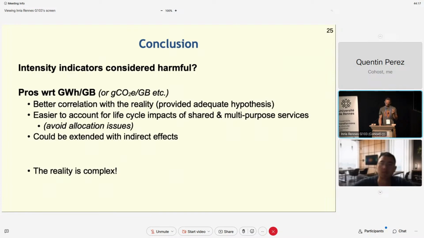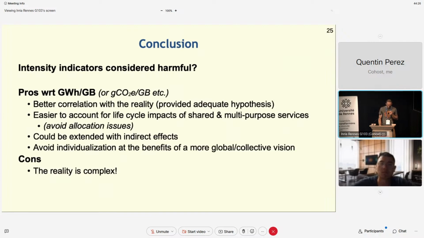Second, one may expect to incorporate indirect effects, whereas this is clearly out of reach for intensity factors. And we also believe that per unit usage indicators tend to put the responsibility on the end user, whereas we believe that our approach is better suited to leverage more global and more collective debates and actions.